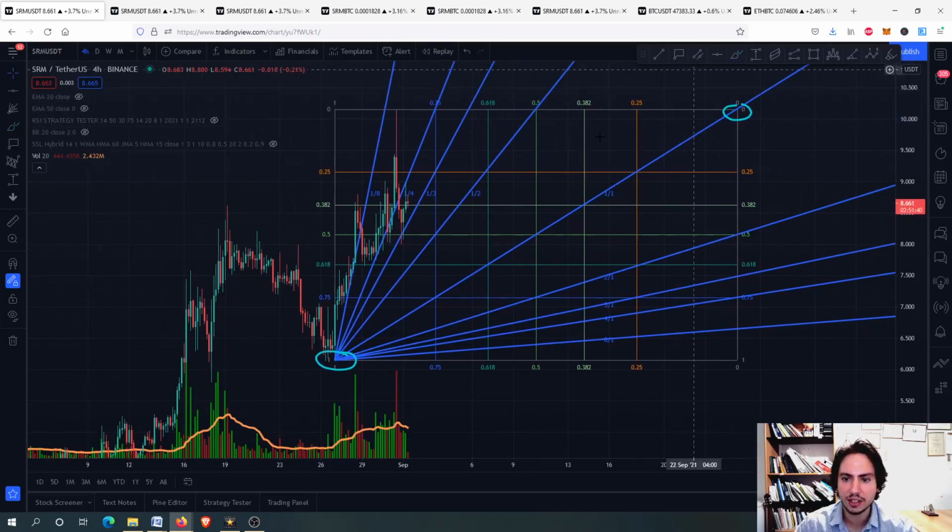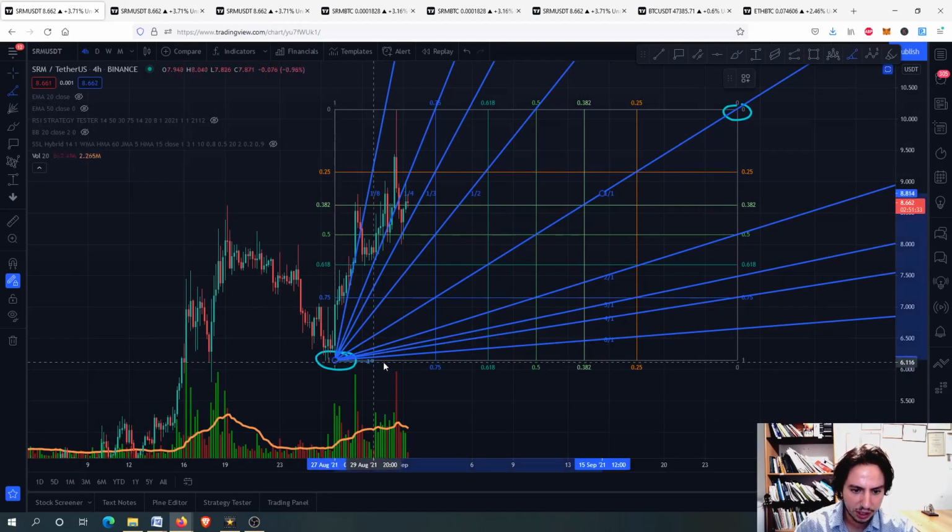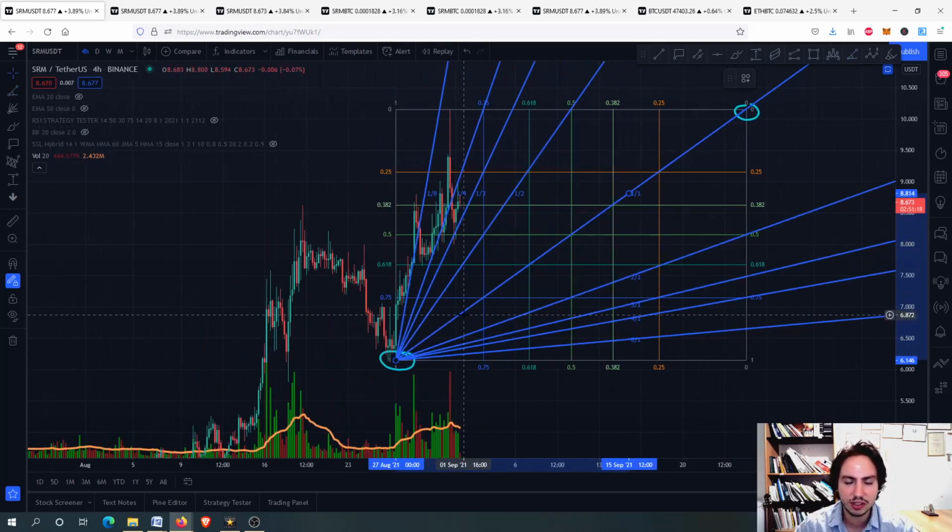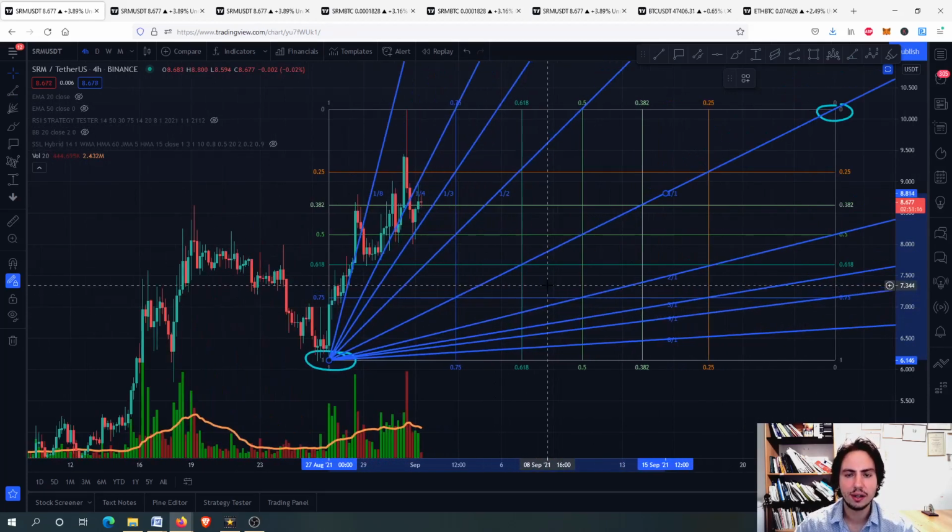be 45 degrees. As you can see, I will use the trend angle starting from this bottom right here. You can see it is 0. I will zoom out later, and if you go all the way there, it is 90 degrees. But the only diagonal way of having 45 degrees is to square the chart.